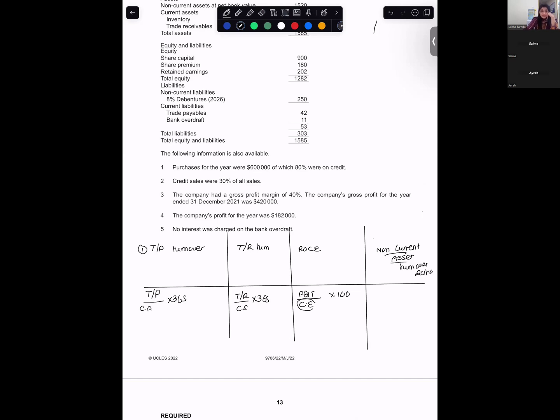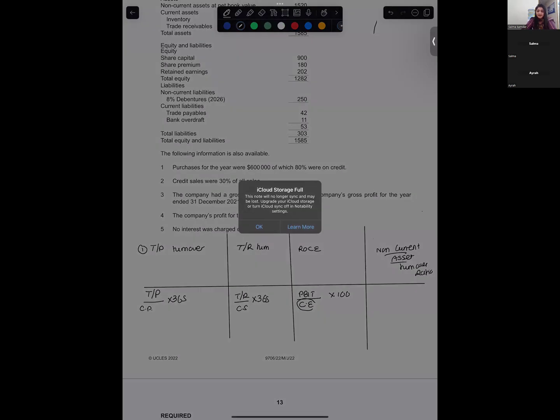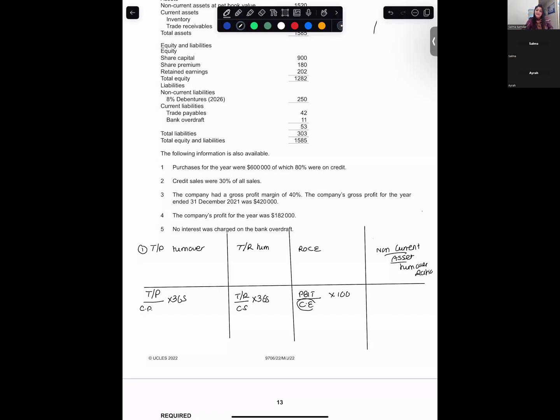Own or outsiders? Capital employed is not the money you use for day-to-day expenses. If it was day-to-day expenses, then it would be working capital.